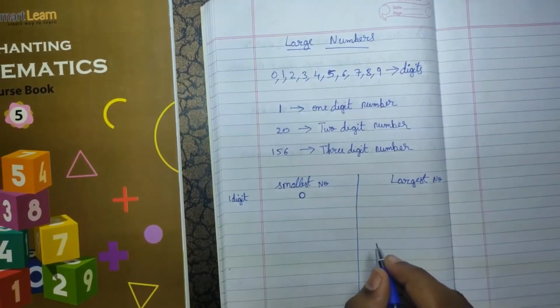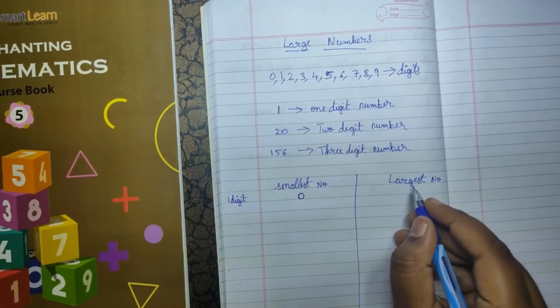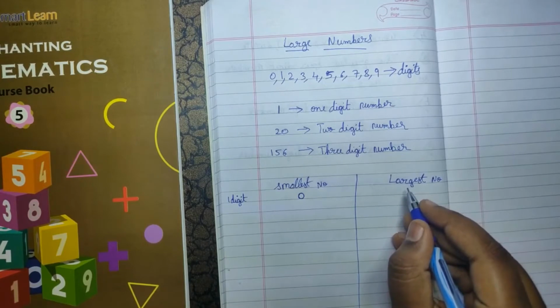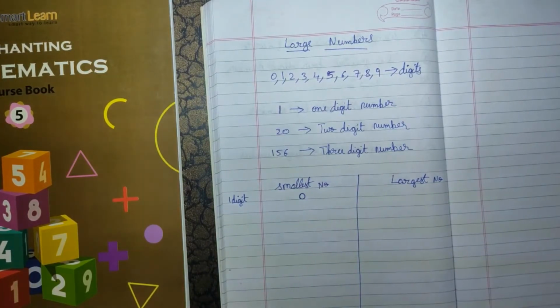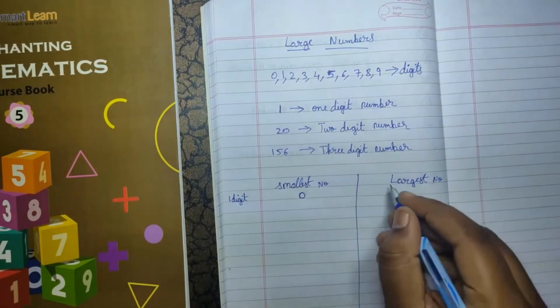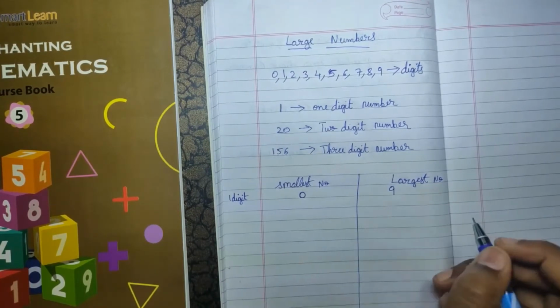One digit largest number will be what? What is the first 2 digit number? The first 2 digit number is 10. So 10 minus 1 will be 9. 9 is the 1 digit largest number.